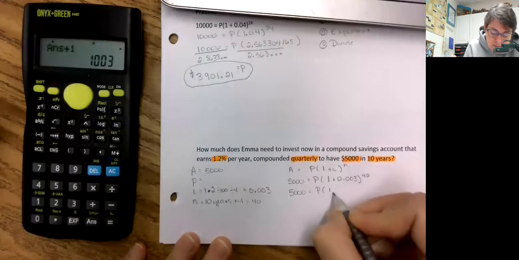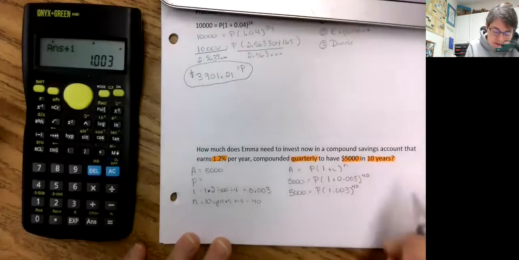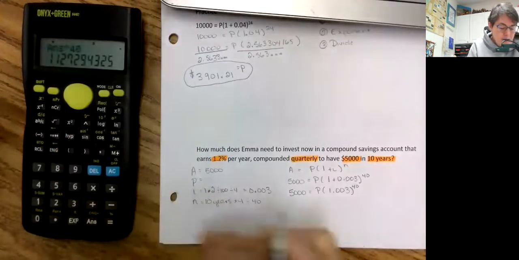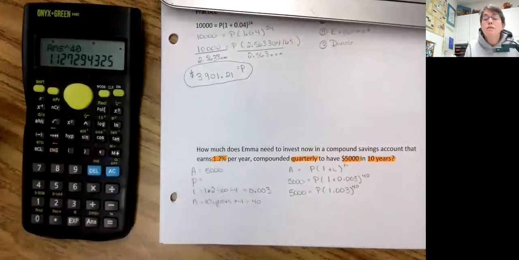P times 1.003 to the 40th. So take that to the 40th power. Remember, that would be like 1.003 times 1.003 times, 40 times over. That little button is a beautiful thing.